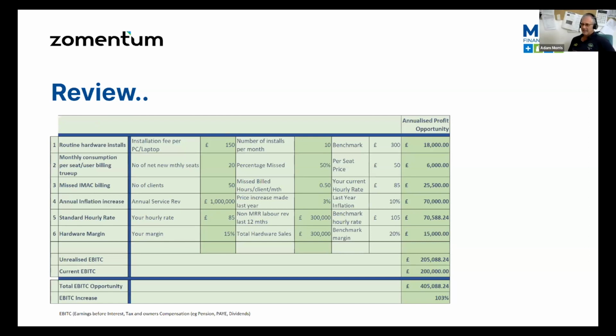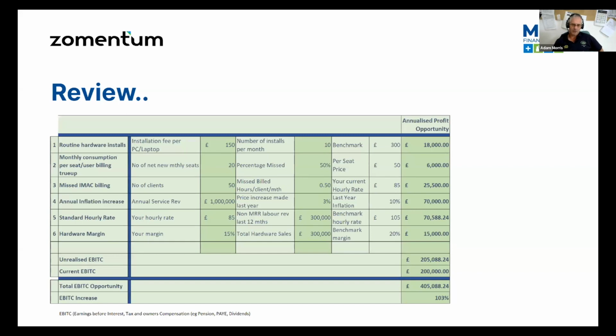There you go. So look, we just ran through 6 variables there, and there are going to be others. But here are 6 of the main ones, without even touching the pricing on an actual managed service tariff. And for this fictitious MSP, we've revealed 205,000 of unrealized EBITDA or profit.